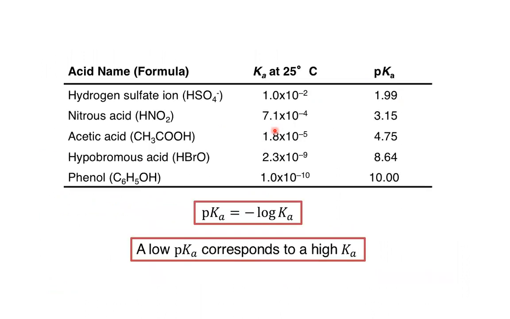So here are some Ka values at 25 degrees Celsius, and how those correspond to pKa values. Remember that pKa is equal to minus log Ka. And so a low pKa value corresponds to a high Ka value. So here we have a small pKa value, so this is going to be a pretty high Ka value, and this high Ka value means that we have a strong acid.